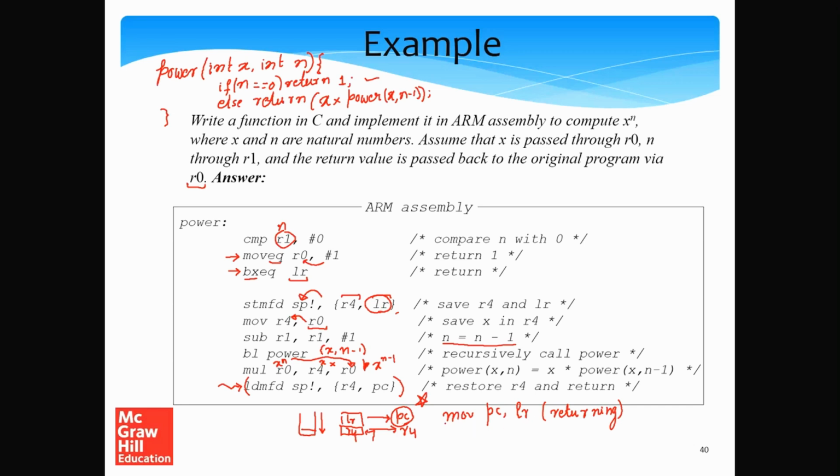This has exactly the same effect as move LR into PC, or essentially return from the function. This is a very standard way of writing ARM code, where we have matching STMFD and LDMFD instructions. It will restore all the values of the registers, but instead of restoring the value of LR, we pop the value of LR and put it in PC. This is tantamount to returning from the function.